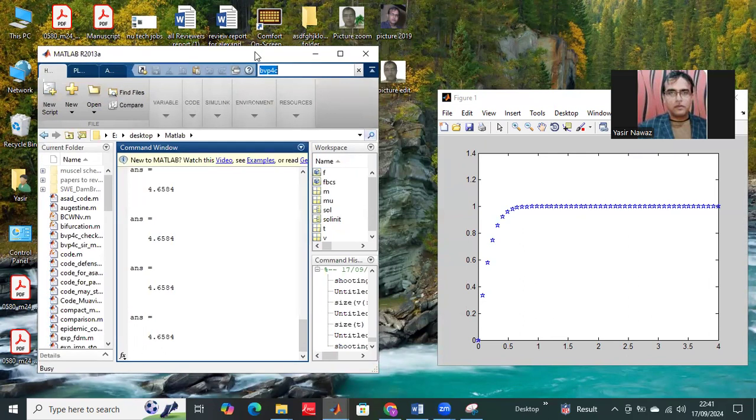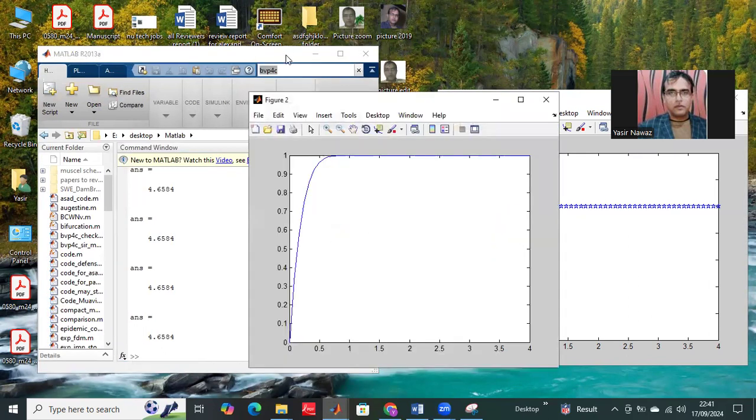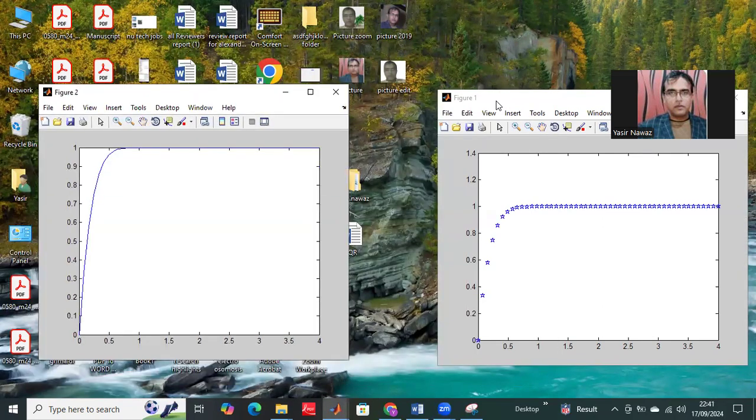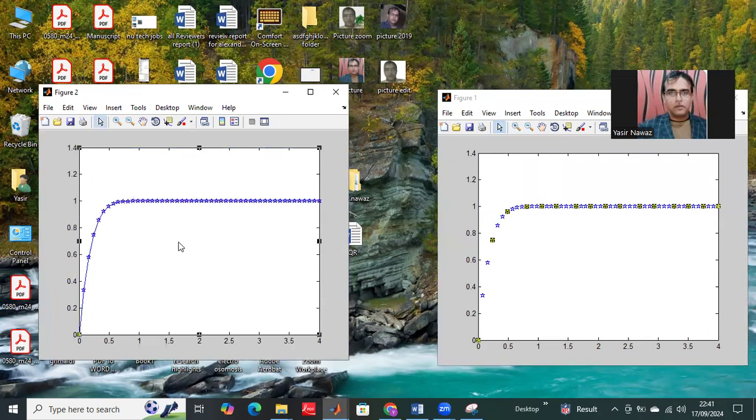Now check this. Copy paste this. So yeah, both should start matching with each other. So it means that this solution is correct for the solution obtained by the shooting method based on the fourth order Runge-Kutta method. Now I end this video. Okay, bye.